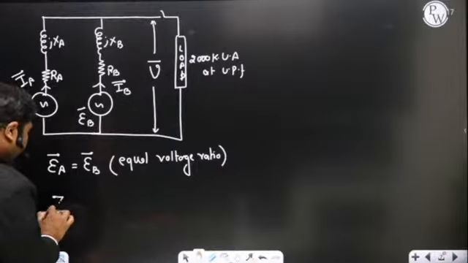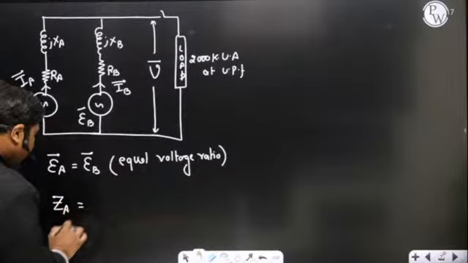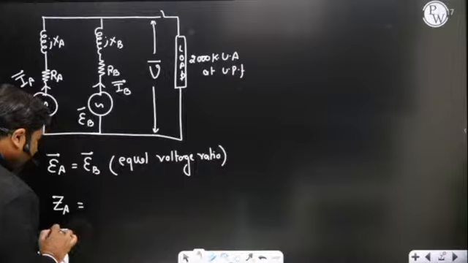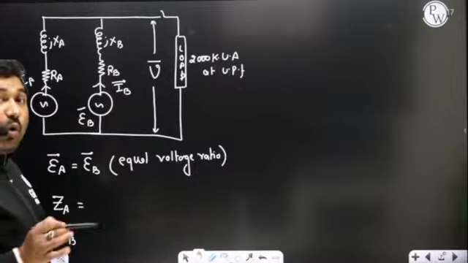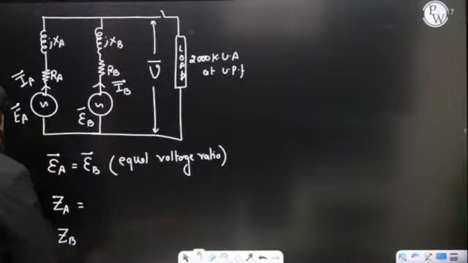Now their impedances ZA and ZB are given, but these are given on their own base values. Let me write it.